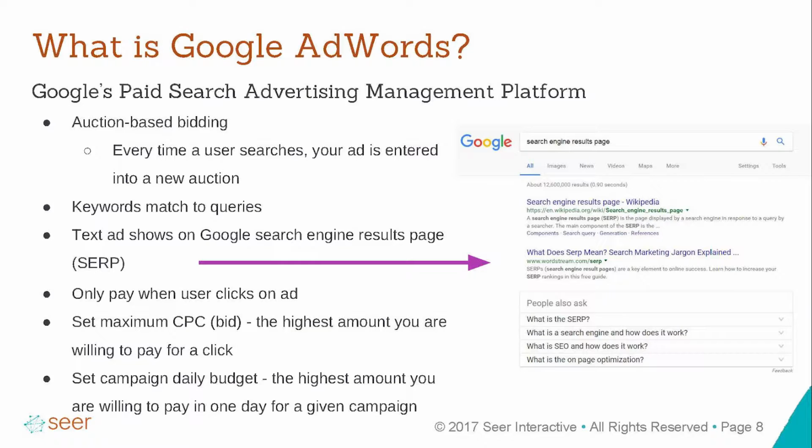You are bidding on keywords, so anything that you think is relevant to your nonprofit, your business, or your service that you would want users to see an ad for. You target that, and then a user searches for something similar or exactly like that, your ad shows, and they have the opportunity to click.